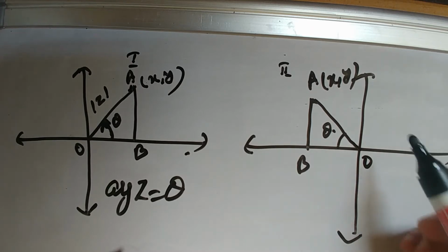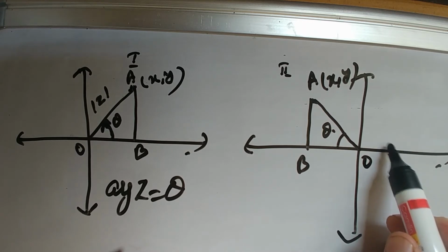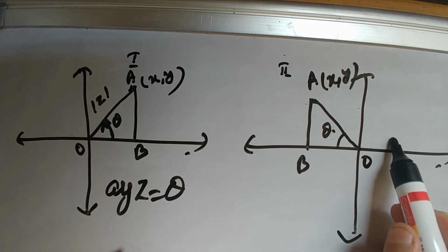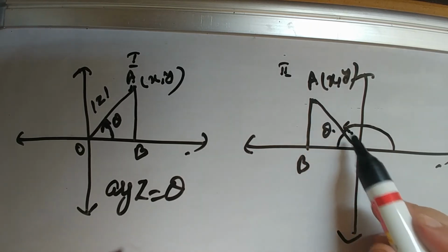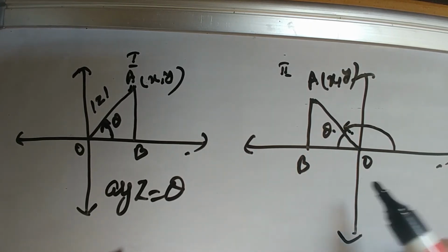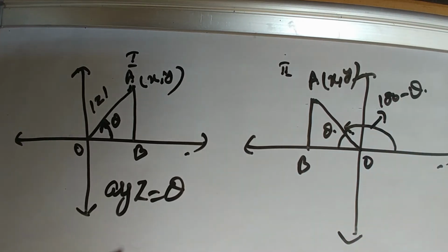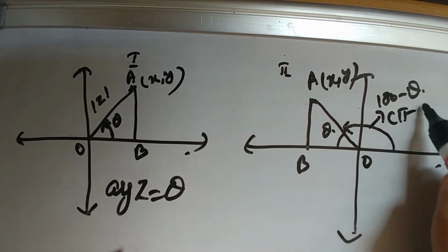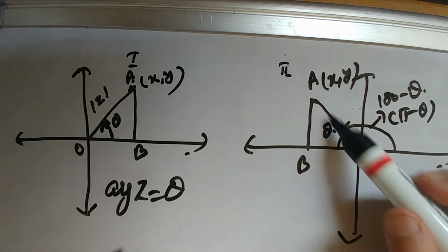But if I have to frame the angle which this ray or line is making with the positive direction of the x-axis, can you tell me what this angle will be? Don't you think it is 180 minus theta, or pi minus theta? Because we are talking about the angle which the line makes with the positive direction of the x-axis.